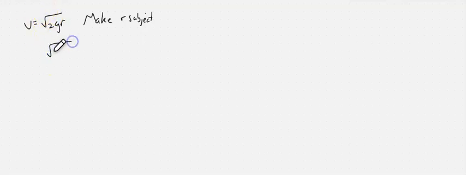So we're going to square this whole entire expression here, the square root of 2GR. And of course, what we do to one side of the equation, we also have to do to the other side. So the V becomes squared, V squared. So this simplifies to V squared is equal to 2GR. So we got rid of the square root sign by squaring.